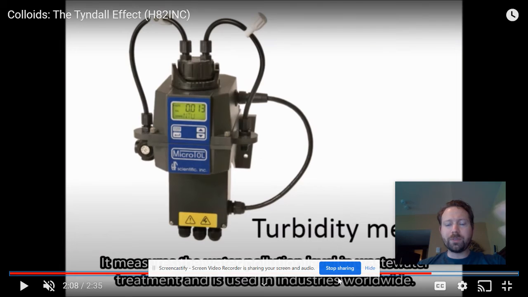There are several pieces of technology that use this principle. One is a turbidity meter, which is great for measuring things like wastewater. When you're at a wastewater treatment facility, you have to make sure that the turbidity is low enough before you pump it back into a river that's next to it.